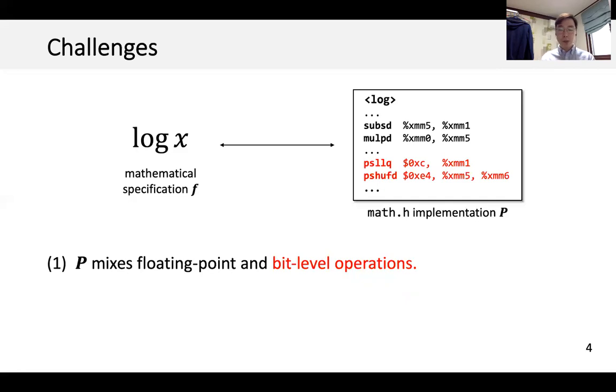What I mean by bit level operations are those operations that directly manipulate the value of each bit or some parts of bits, such as bit shift operations like PSLLQ in the slide, or bit shuffle operations like PSHUFD in the code. Then some of you might wonder how we can actually use those kinds of bit level operations in a meaningful way in floating point computation.